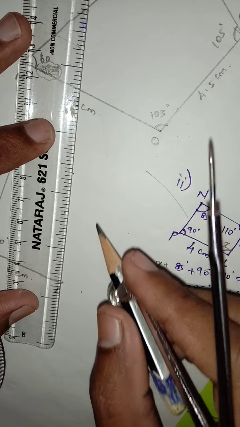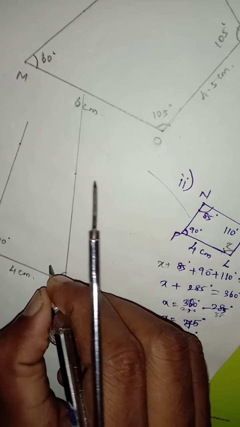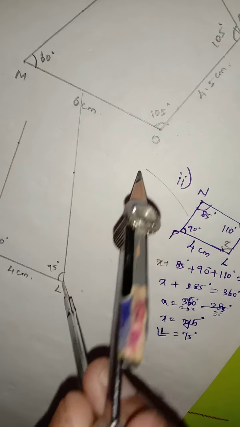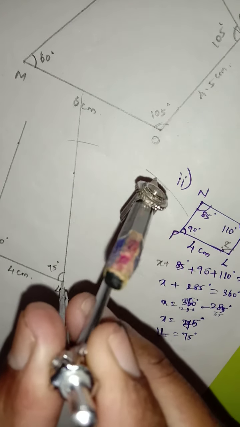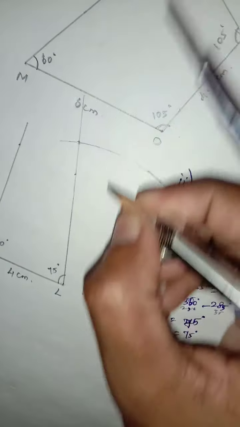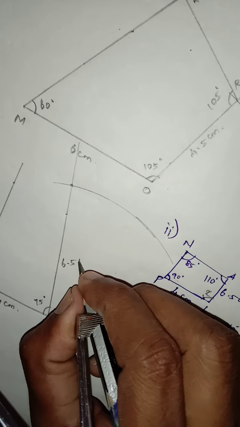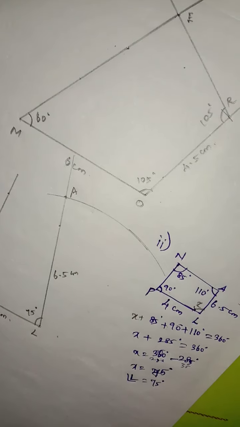I told you, you can extend the line as much as possible. This is 75 degree. On L we want to take 6.5 centimeter. Where this angle and this arc are meeting is A.